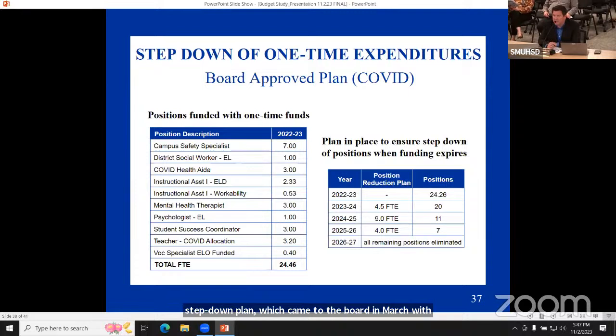And this includes the 24.46 positions that are currently in the budget funded by that COVID funds, and then the step-down plan that was approved, which goes slowly in the first year, and then a more significant reduction in the second year, and then in the last year, 26-27, all the remaining positions stepped down.